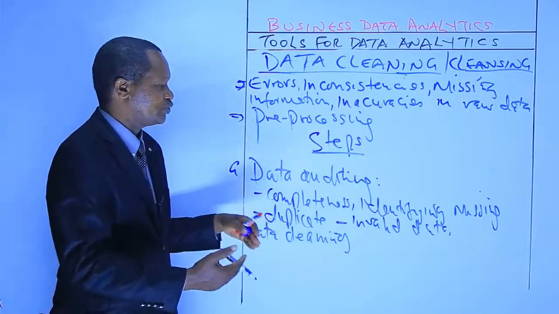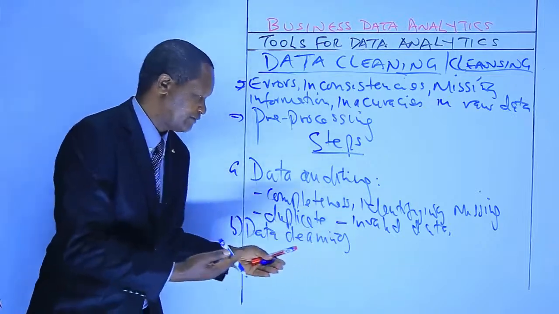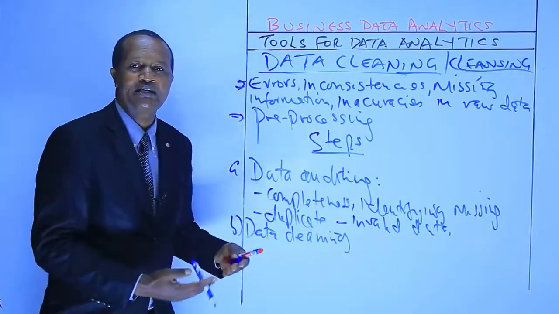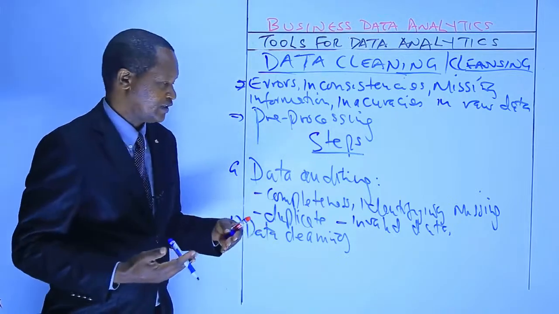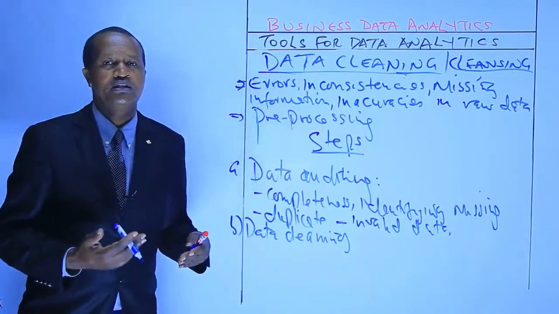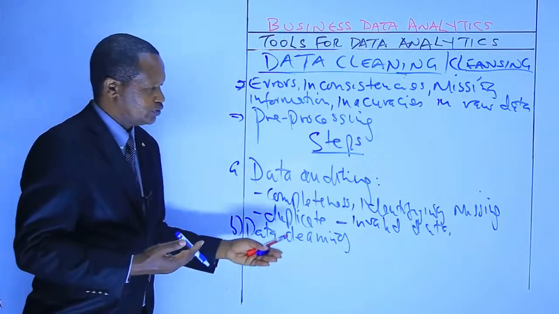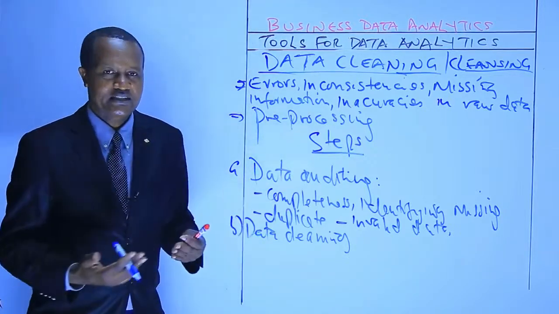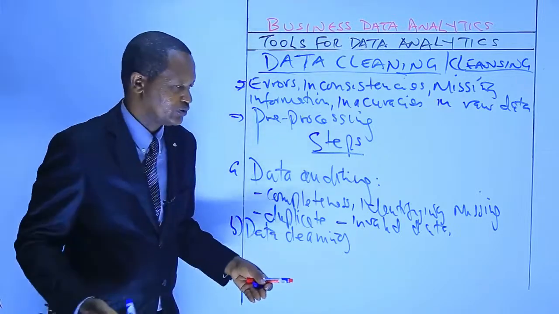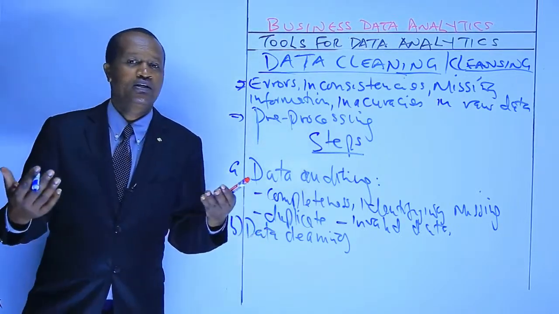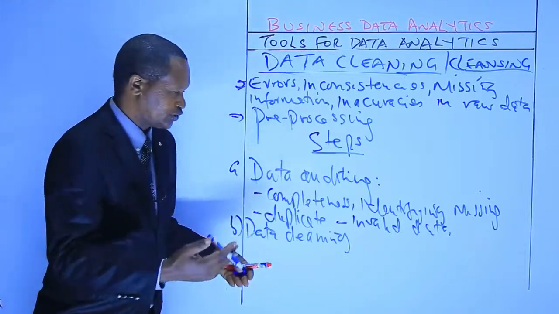Then the second step is to remove the duplicates, to fill in the missing values. That is now cleaning. When you clean, you fill in the missing values, you remove the duplicated files, and you may do this using various techniques, such as interpolation. You may use techniques like the one we call imputation and so on.